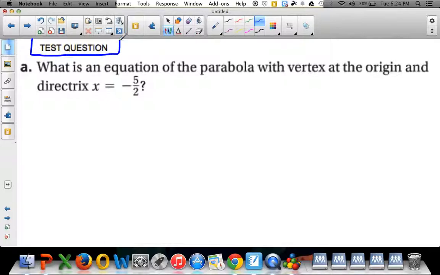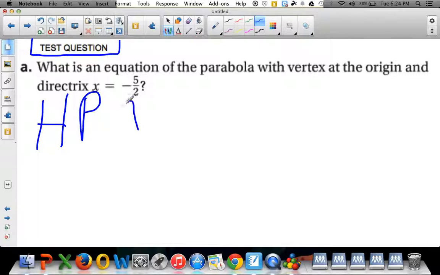Test question. What is an equation of the parabola with vertex at the origin and directrix x equals negative 5/2? So I know that this is going to be a horizontal parabola judging by the x equals directrix.